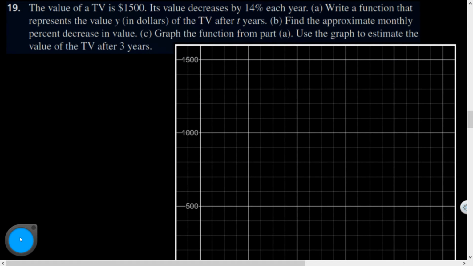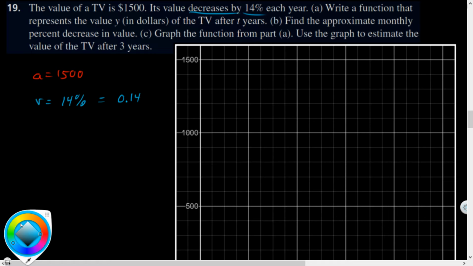The value of a TV is $1,500. That's my starting value, so a is equal to 1,500. The value decreases, okay, so that's giving me clues right there, by 14% each year. So that means r is equal to 14%, written as a decimal is 0.14. It says write a function that represents the dollar value y of the TV after t years.